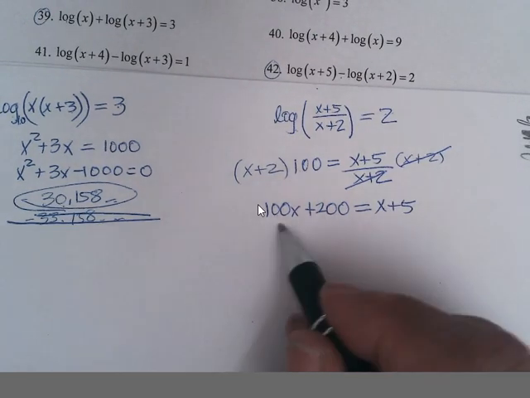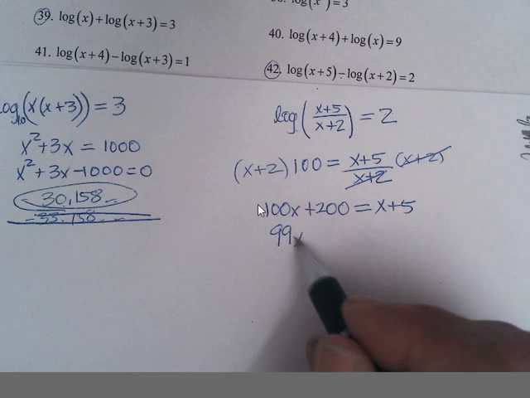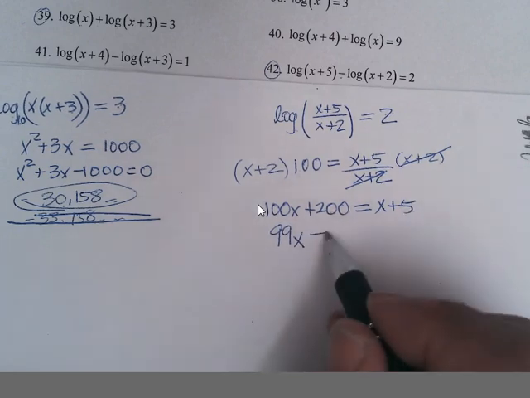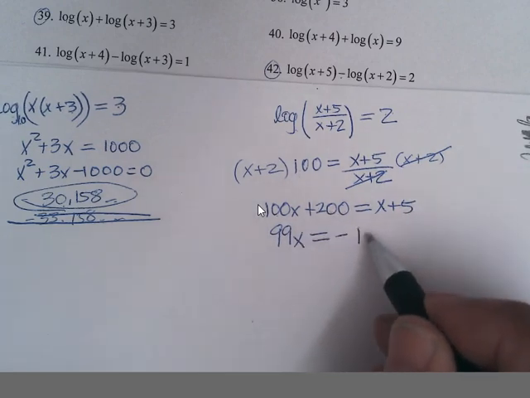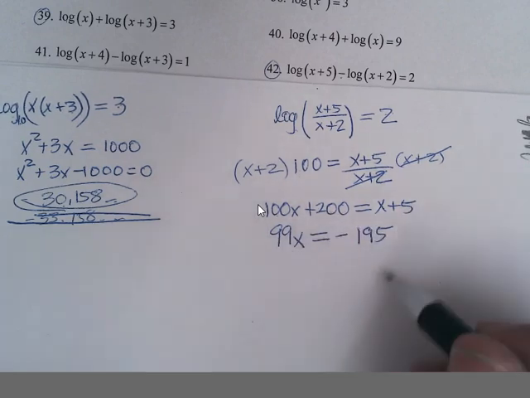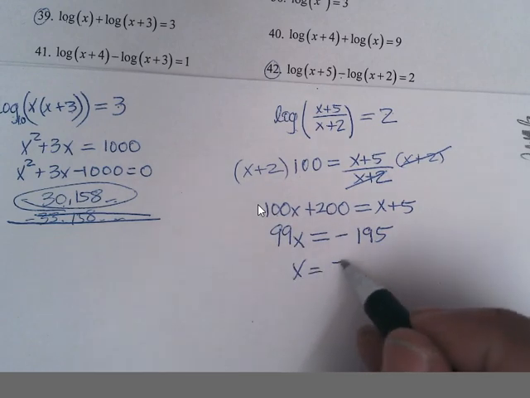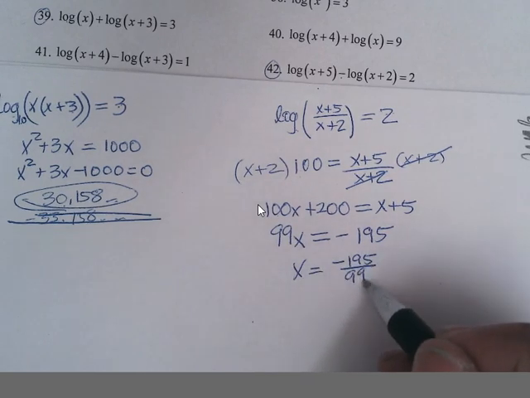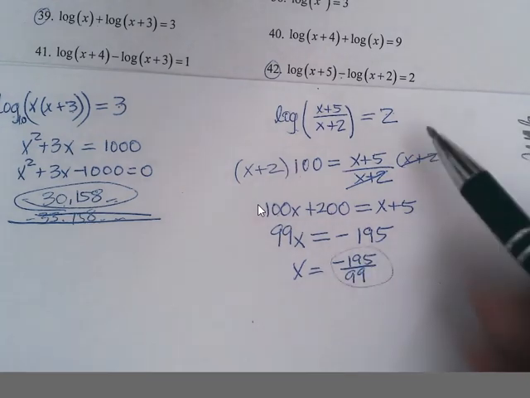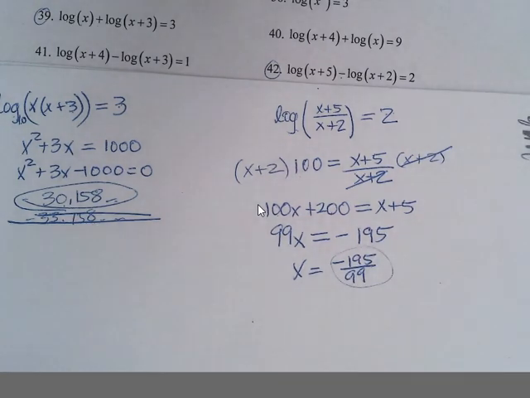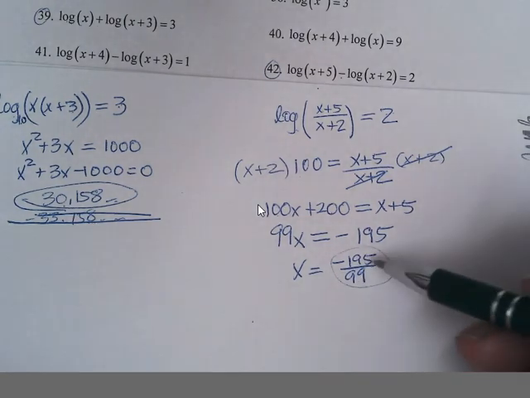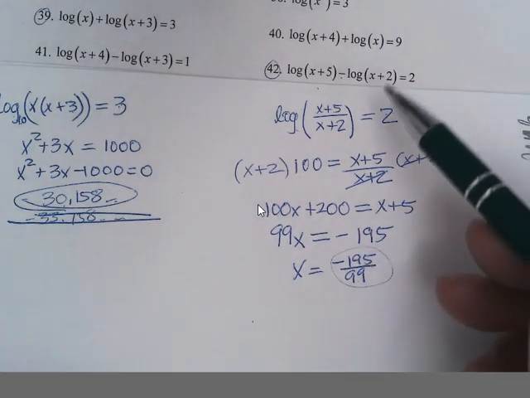Subtract x from both sides. Subtract 200 from both sides. And divide by 99. And that's a negative number. How big is that? That's not quite negative 2.